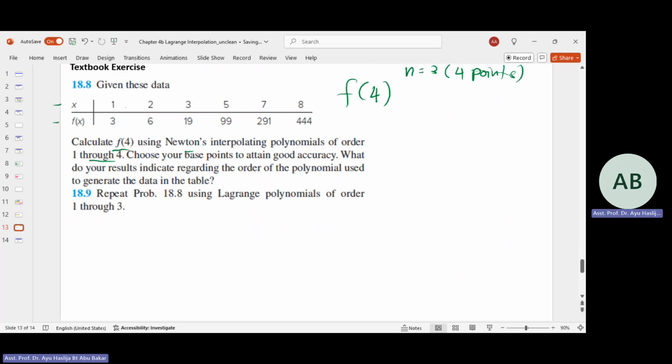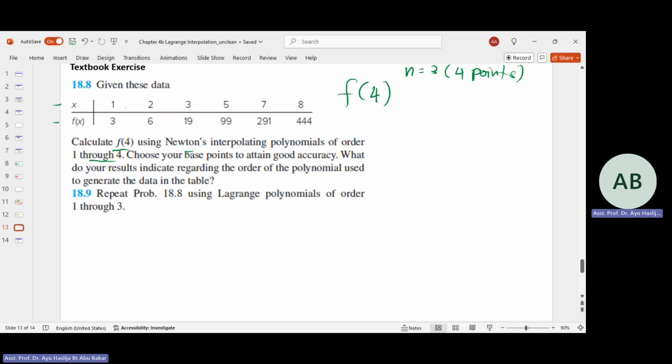What is your x? 4. Zaidan, for this question, what is your x? 4? Why do you say 4? Because you have 4 points?